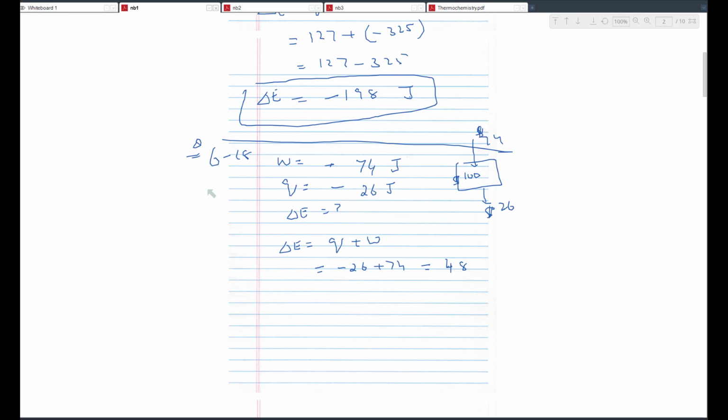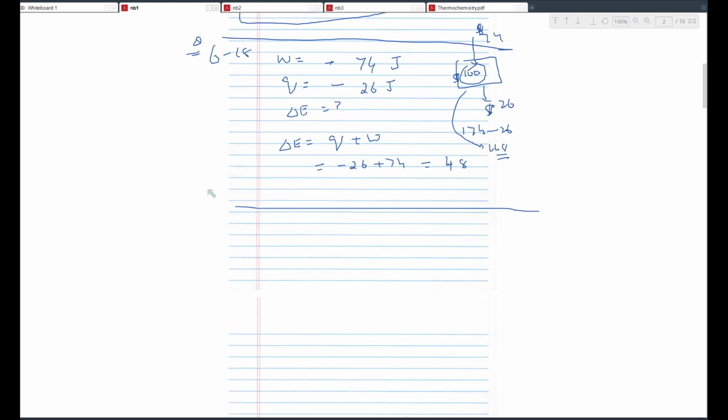You are putting $74 in and spending $26, so it would be 174 minus 26, which is 148. So you have an increase of 48, going from 100 to 148. The same thing is here. When a compression work is done on the system, it's positive. It means you are depositing some money into your account. And if Q is negative, it means you are spending some money. The profit is 74 minus 26, 48. Is it clear?